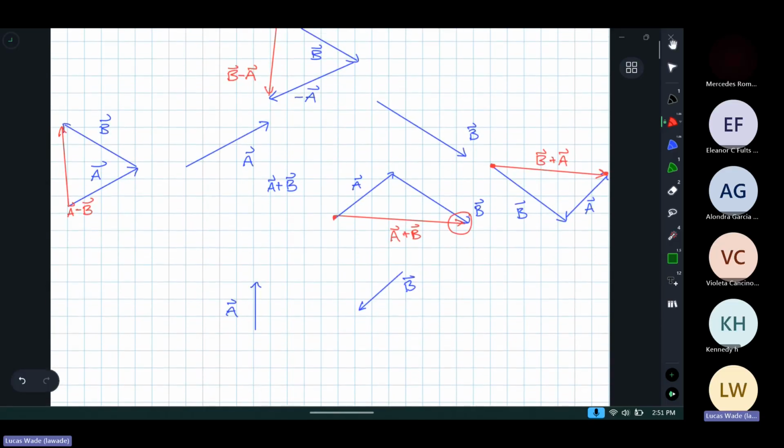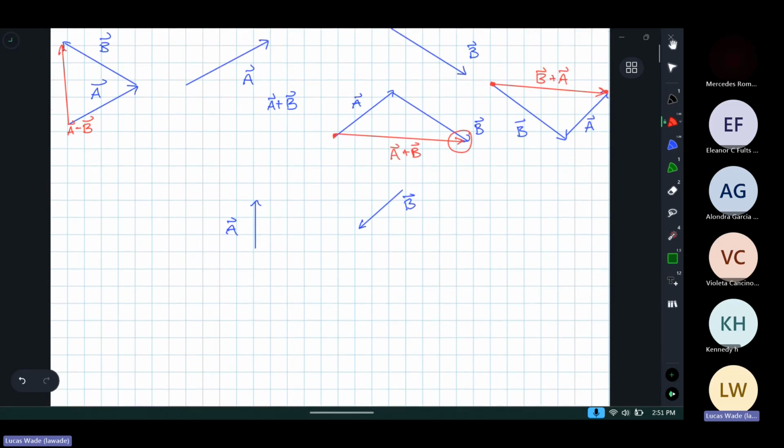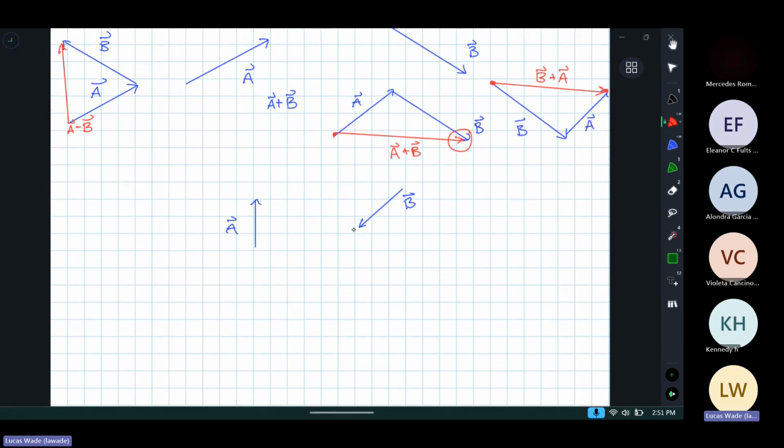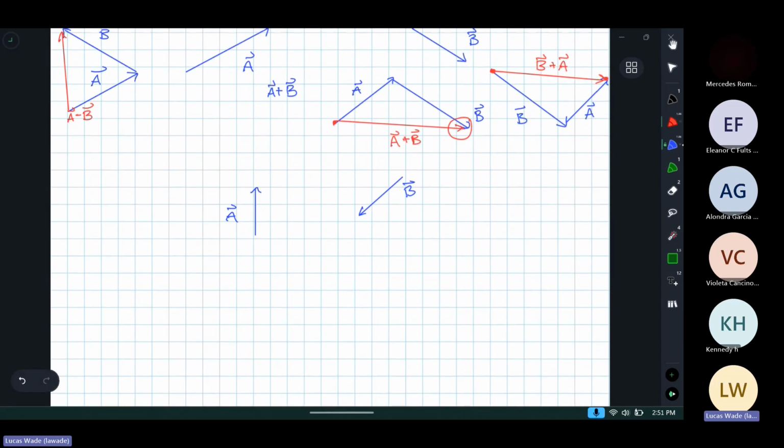All right, and I'll just do all of those real fast for these two other A's and B's I could have worked with. So let's see, I'll do A plus B right here. I walk along A, and then I walk along B. A plus B is the shortcut I could have taken.